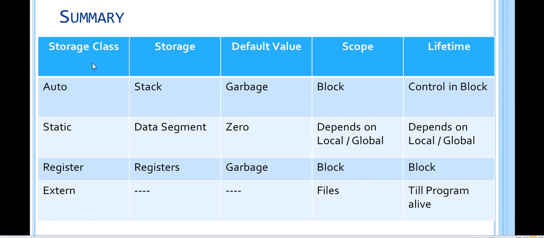In this line I have given the different types of storage classes, and here I have given their properties: where they are stored, the default value, scope and lifetime. This is what we discussed in the previous slides. If we go through this table as a quick reference, we can get the actual data from it.